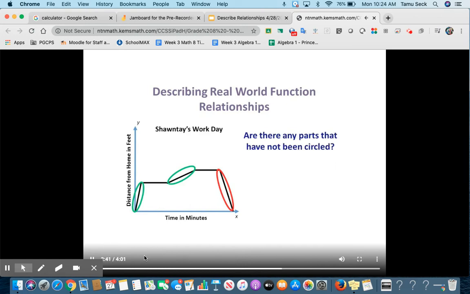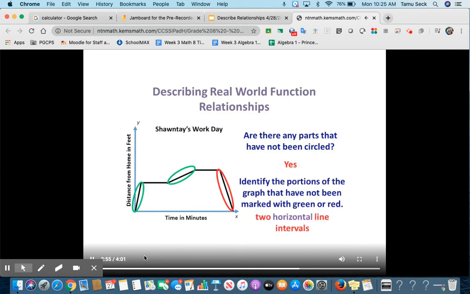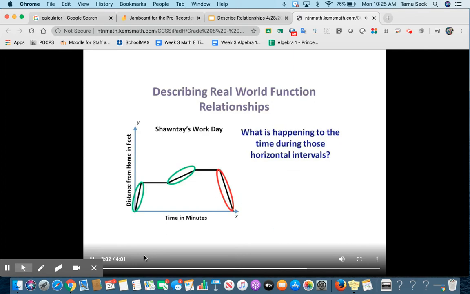Are there any parts of the graph that have not been circled? Yes. Identify the portions of the graph that have not been marked with green or red. There are 2 horizontal line intervals. What is happening to the time during those horizontal intervals?